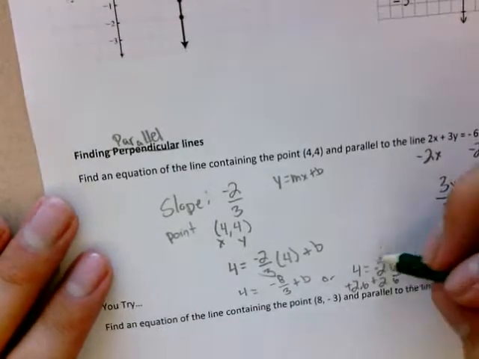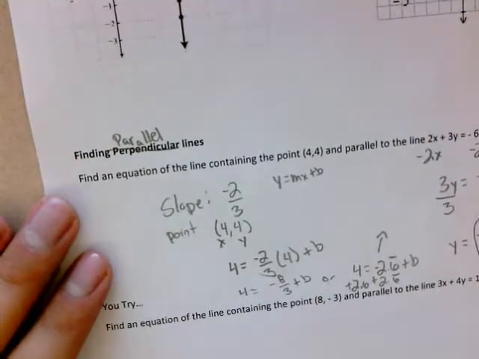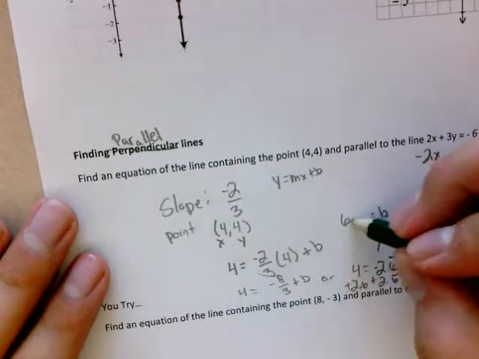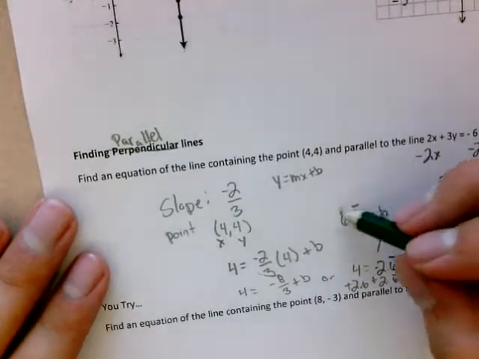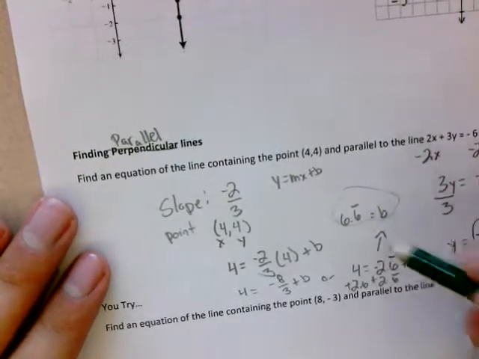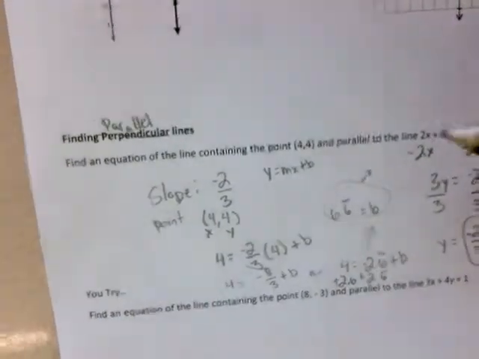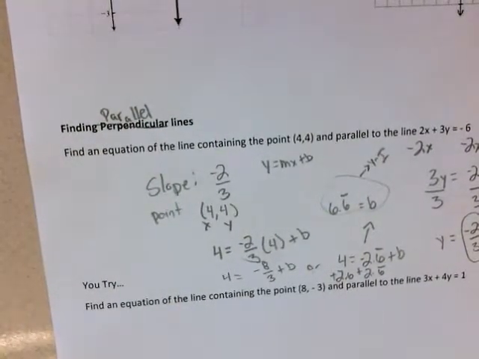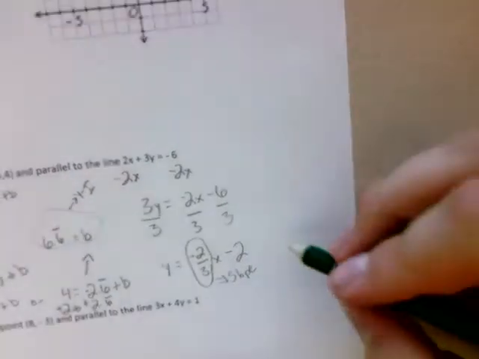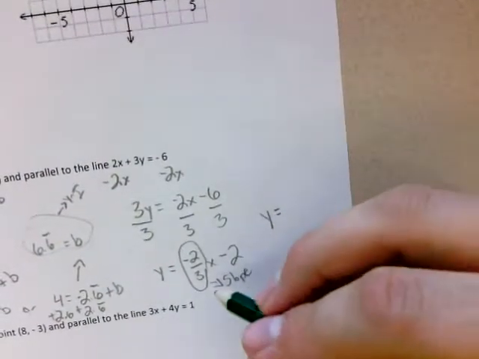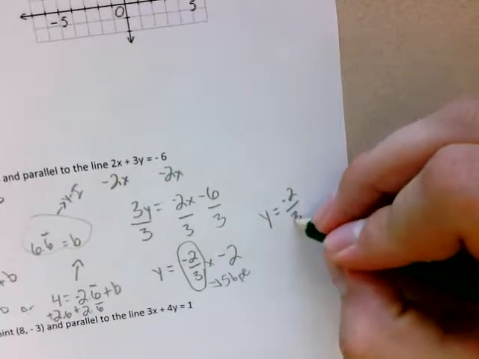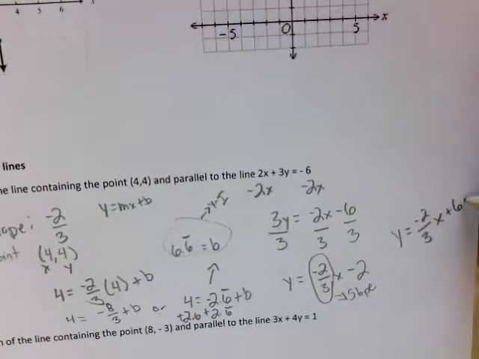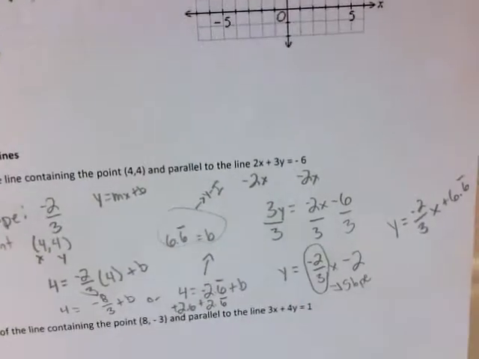I do apologize that I ran out of room. So that means that b equals 6.6 repeating. So that's our b. We know our slope. We know our y-intercept. Now we can plug it in. So y equals slope, negative 2/3, x plus b, where b is 6.6 repeating. So it's like that.